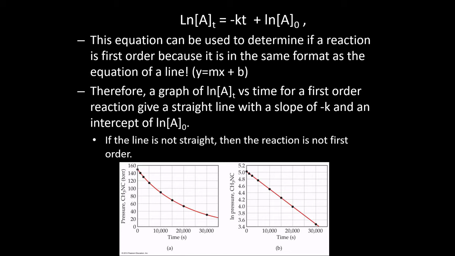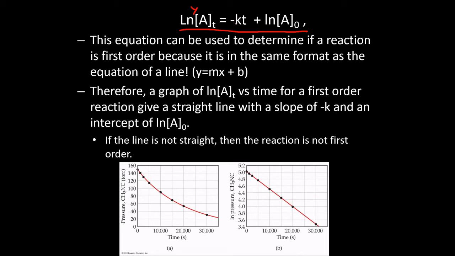This most common form of the equation, the reason why it's the most common form is because this is what we call the linear form of the equation, because this actually is in the form of y equals mx plus b. The y is the natural log of the concentration at time t.